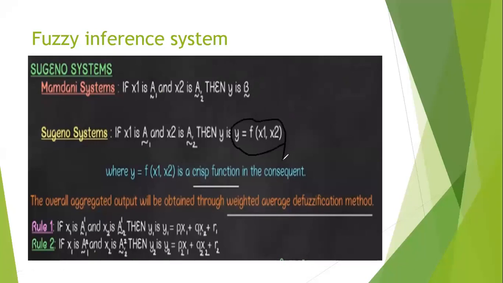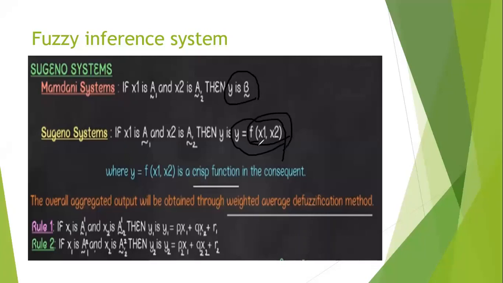Okay, this consequent is simply written as it is in your Mamdani system, but in Sugeno it is written as a function of the two inputs existing in your antecedents. Okay, here x1 is a1 and x2 is a2. Are the two antecedents. So output is written as a function of both the inputs.